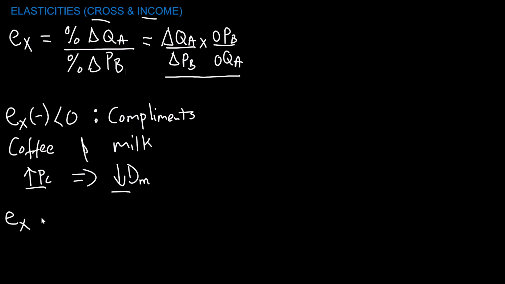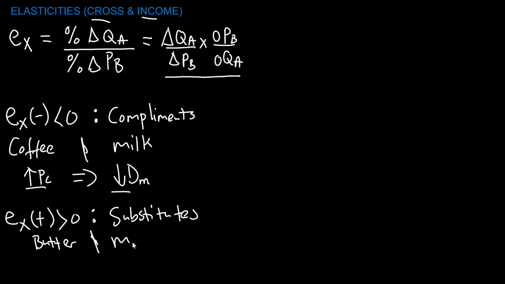If your cross elasticity of demand is positive, which means it's greater than 0, this means you're dealing with substitutes. An example of substitutes would be butter and margarine. Substitutes are products where you can use one instead of the other.